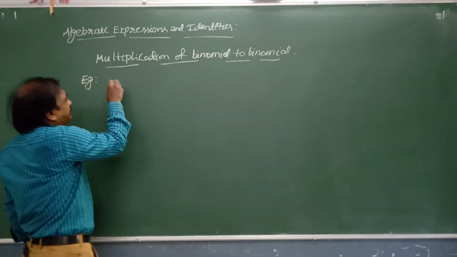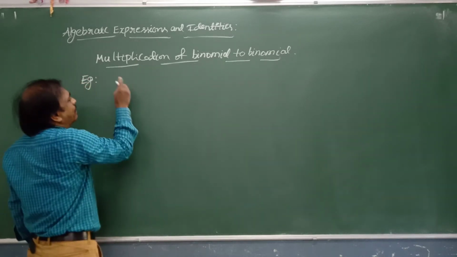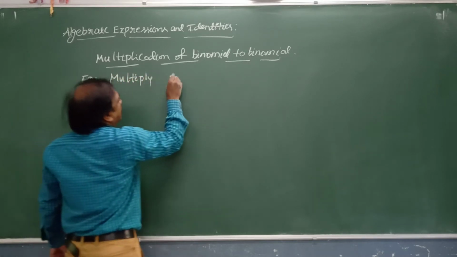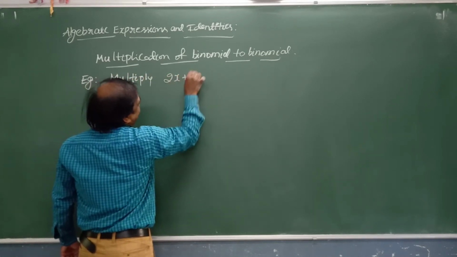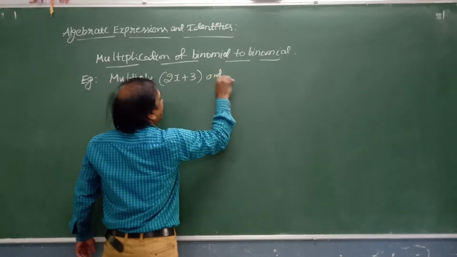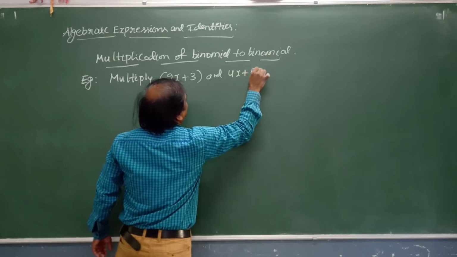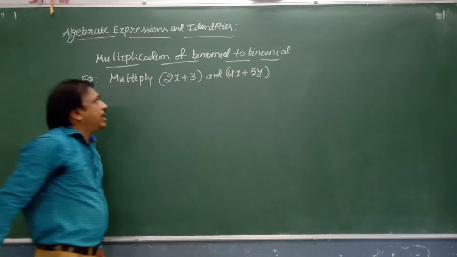Example: find the product, or multiply, 2x plus 3 and 4x plus 5y. Observe it.